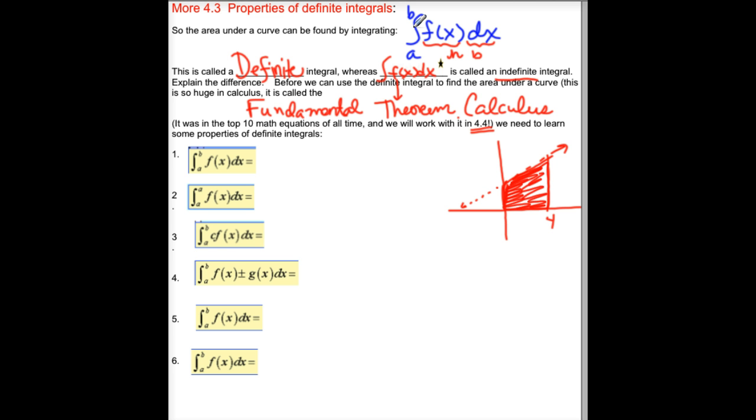So when I integrate from 0 to 4, the area under that line and the x-axis, I can get a numerical answer for the exact area because that's a trapezoid, and I can do 1/2 the height times the sum of the bases.